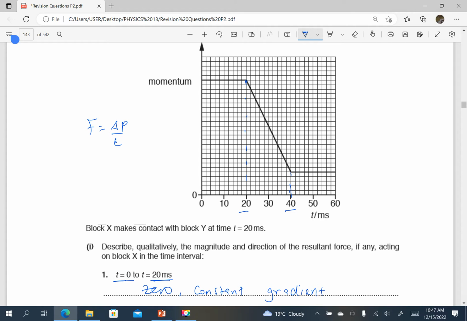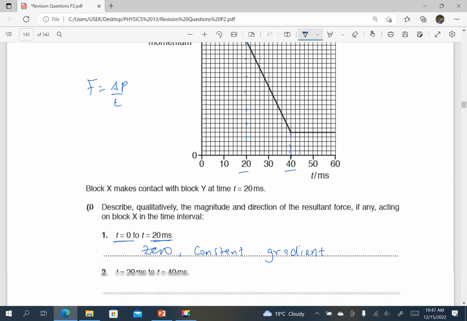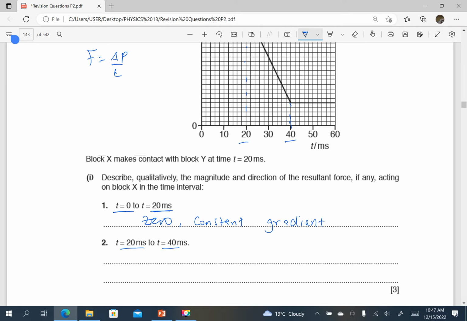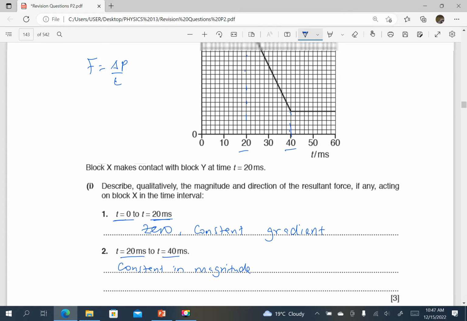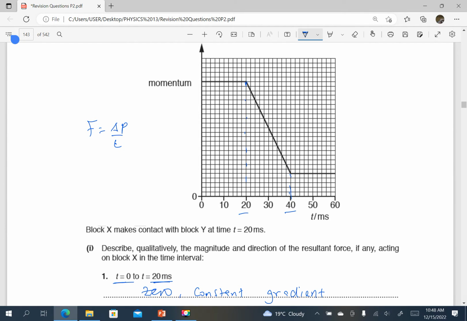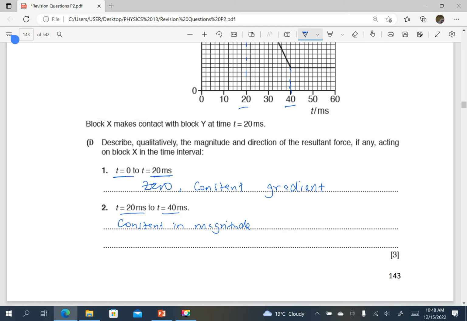Remember, force is the rate of change of momentum, and the gradient is constant because this is a straight line. Since the gradient is constant, we simply say that the force is going to be constant in magnitude. However, you see that the gradient is negative, so that means it is in the opposite direction to the momentum.